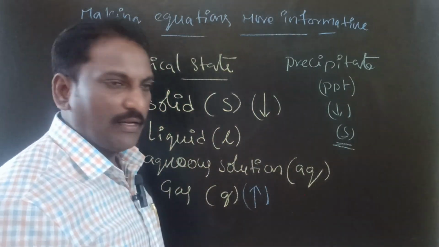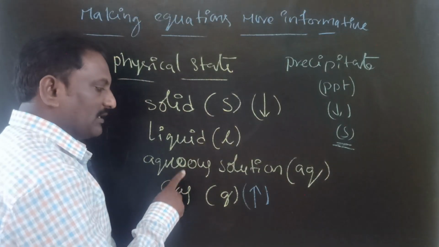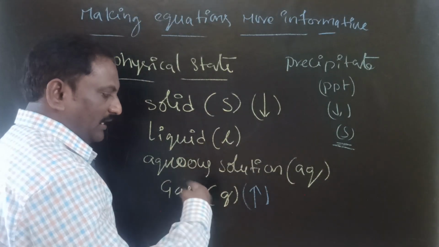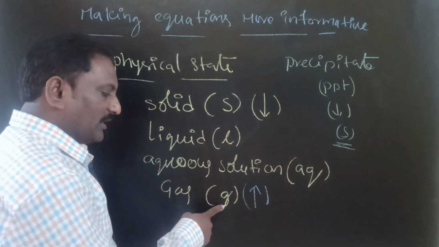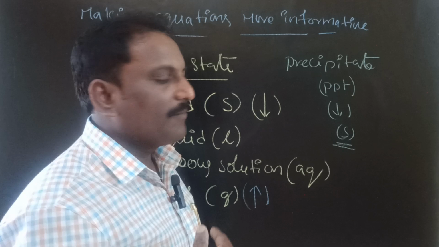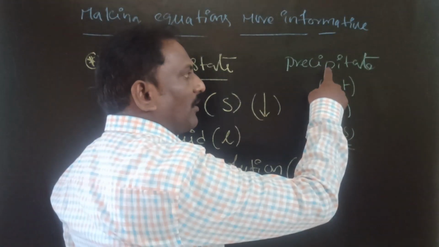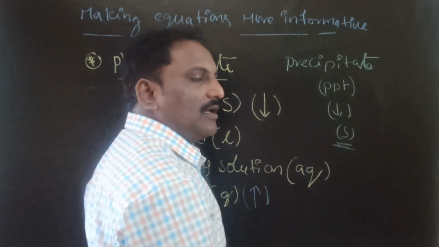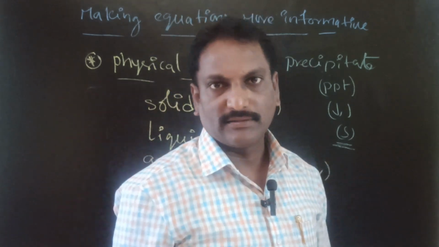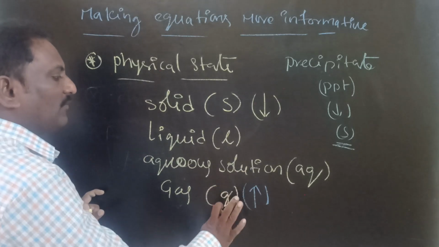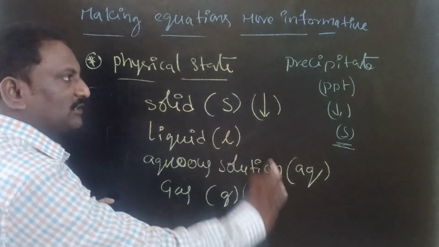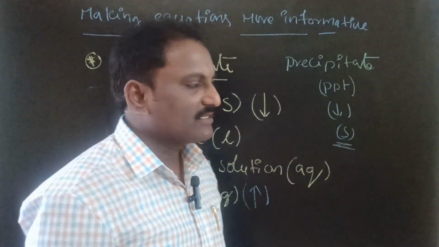If liquid, small l. If aqueous solution, use aq. If gaseous, use small g or an up arrow mark. If precipitate, use ppt, a down arrow mark, or s. These are the symbolic representations of the physical states of the reactants and products.